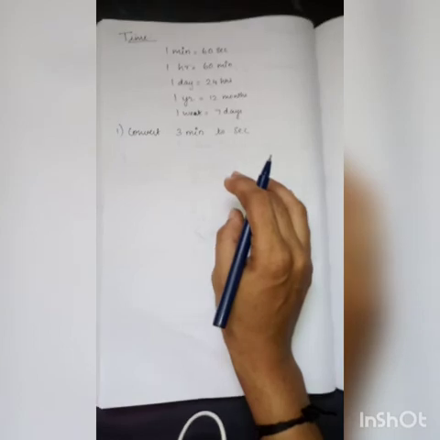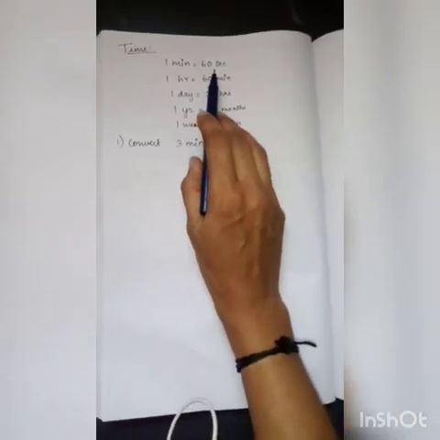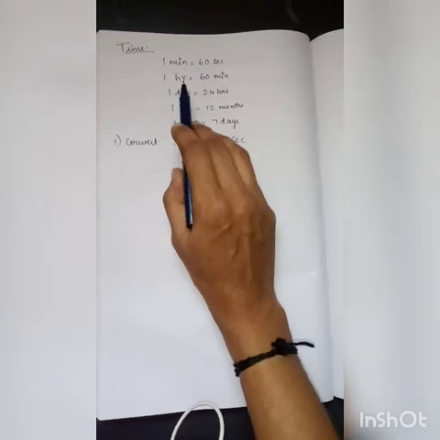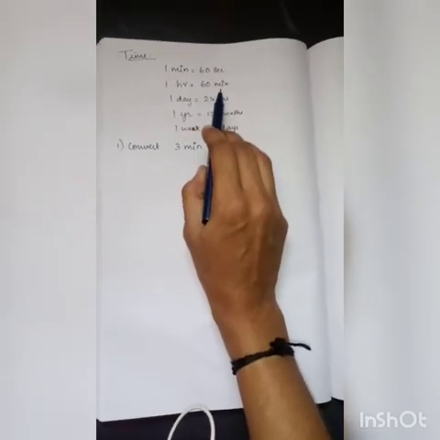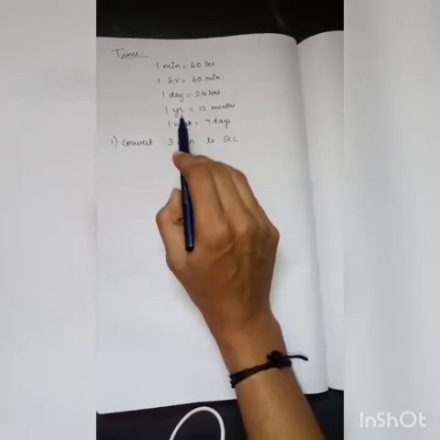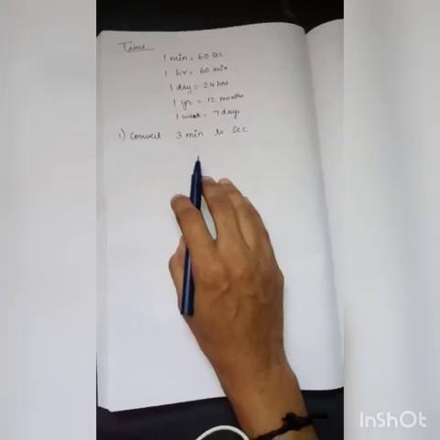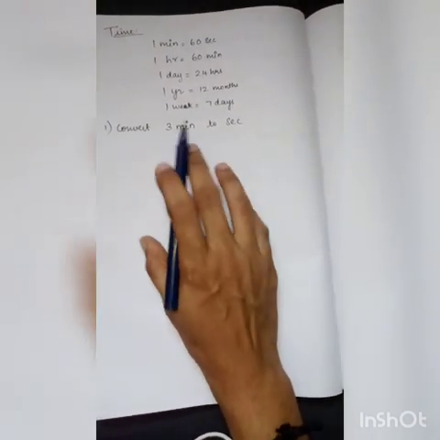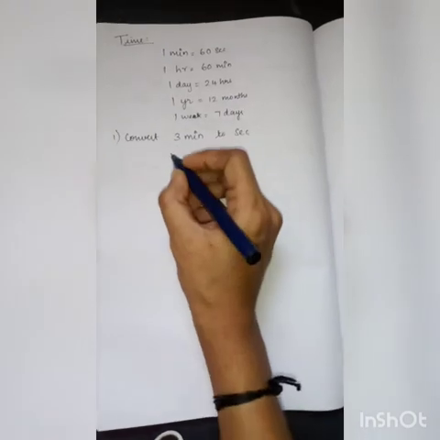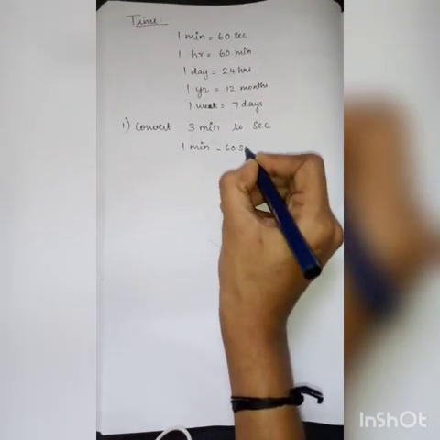In time, we have to concentrate on these formulas. 1 minute is equal to 60 seconds. 1 hour is equal to 60 minutes. 1 day equal to 24 hours. 1 year equal to 12 months. 1 week equal to 7 days. So here we are going to convert 3 minutes to seconds. So what is the formula? 1 minute equal to 60 seconds, right?